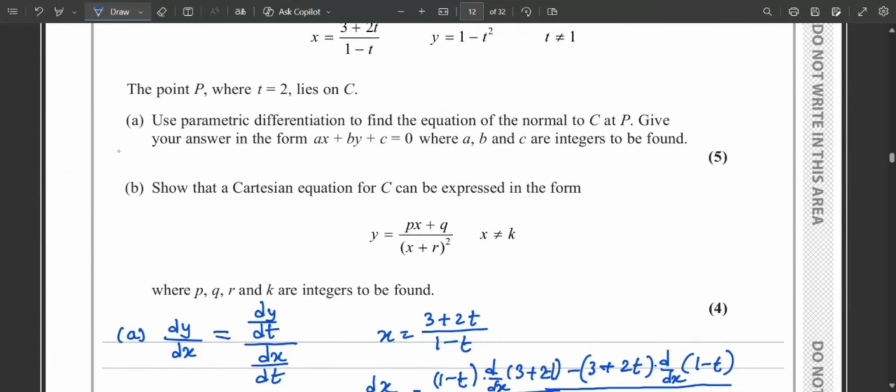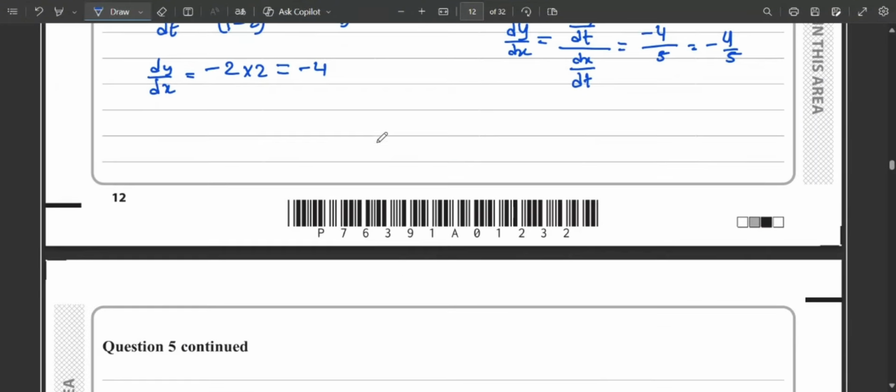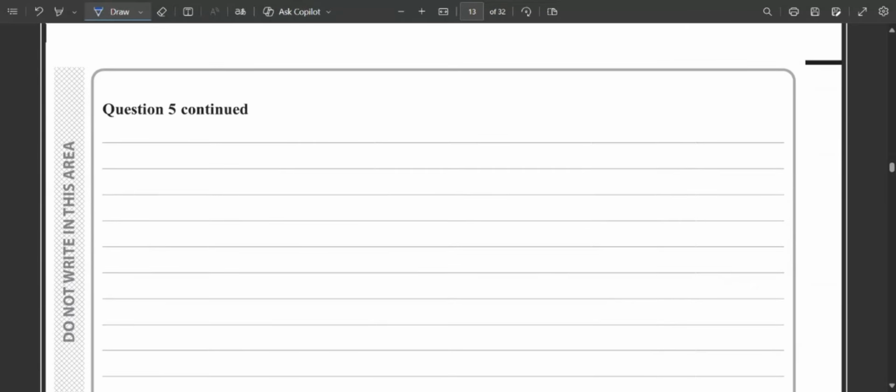We know that we have to calculate the equation of the normal. The normal is perpendicular to a curve at the point it is normal to.